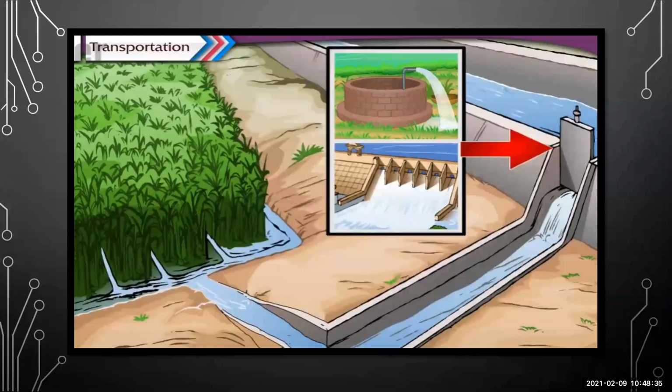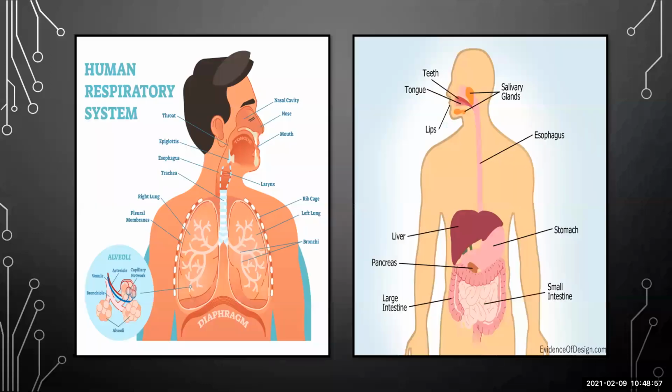Now a farmer transports water from wells or dams or from the canals to the plants through the channels. In the same way our digestive and respiratory system works. Now we will see how our respiratory system and the digestive system work.